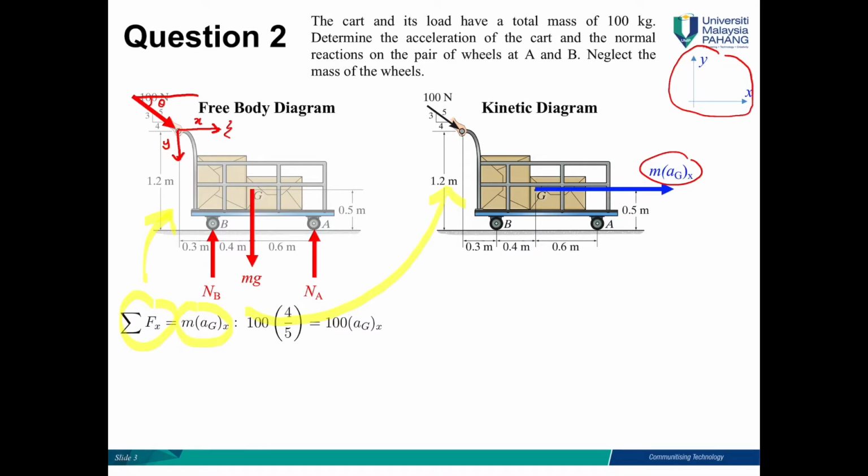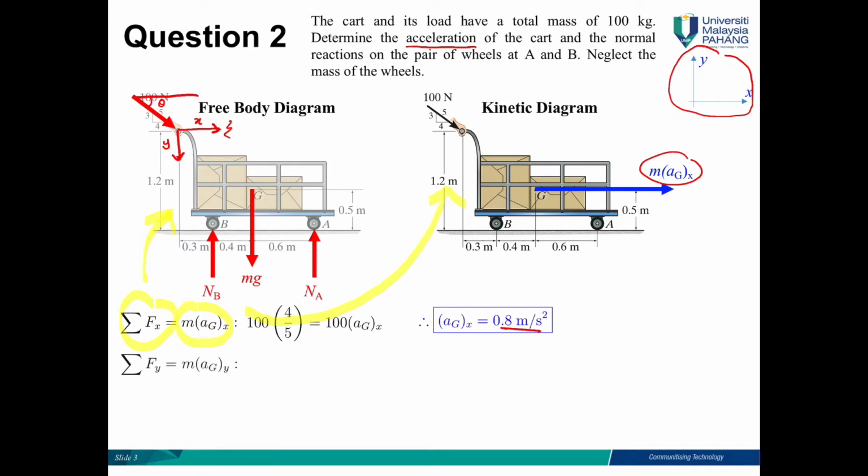And it is equal to, on the right hand side in the kinetic diagram, you have magx. So straight away from here, you can get the value of the acceleration of the card, agx in x-axis, which is equal to 0.8 meter per second. So that solves the first part of the question, which is to determine the acceleration of the card.